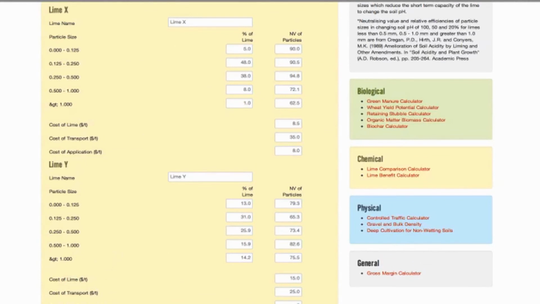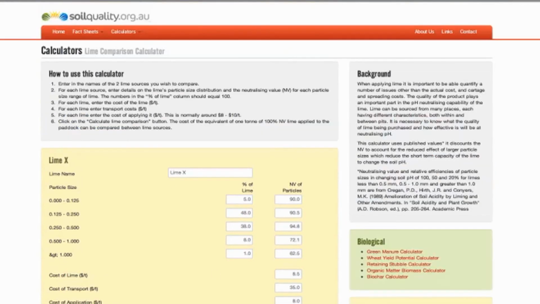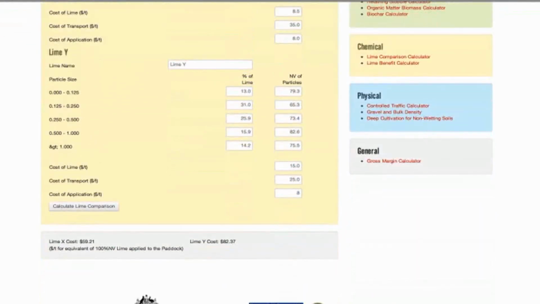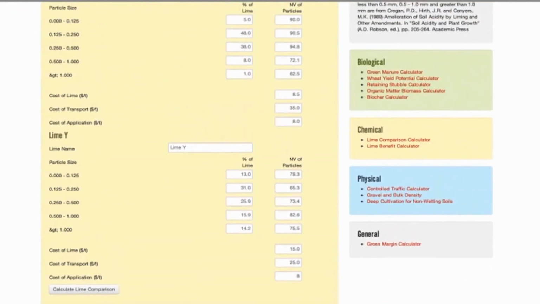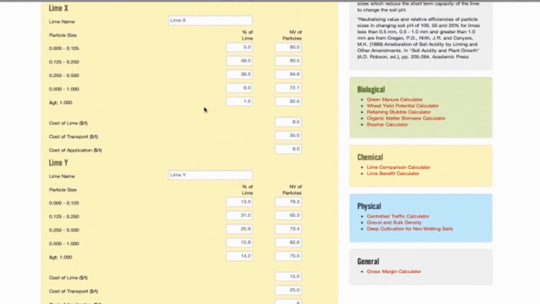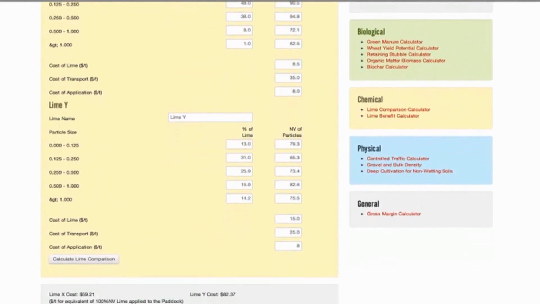You can compare the quality of the lime and how much it will cost to get it onto your farm. And even though in this instance lime X is more expensive to get onto the farm, because it's got a better neutralising value, you're actually saving money and it costs less.